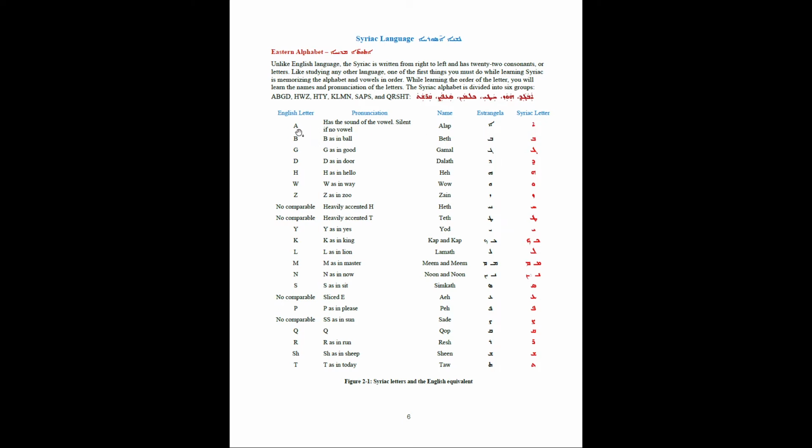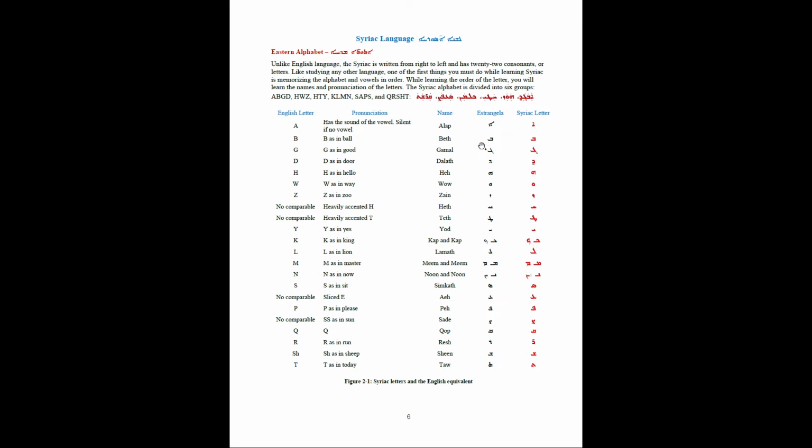Alep is A in English, and Alep is silent, especially at the end of a word. When it appears in the middle and has no vowel, it is silent too. Otherwise, it takes the sound of the vowel it has on it. Again, we're going to cover this later.